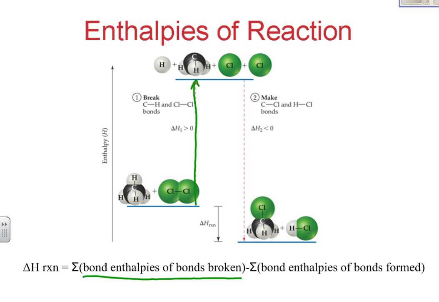So that would be the bond breaking, so that's how much energy we have to put in. And then we would subtract the enthalpies of the bonds that are formed, which would be the hydrogen to the chlorine and the carbon to the chlorine. And in this case, once we figure out the numbers, we'll actually get out more energy than we had to put in to break the bonds. So we'll take a look at that calculation next.